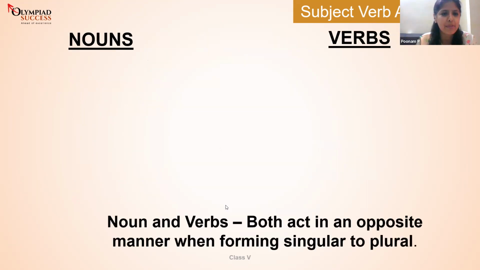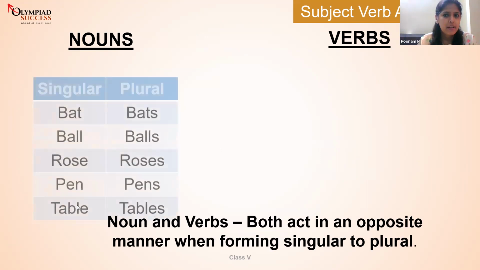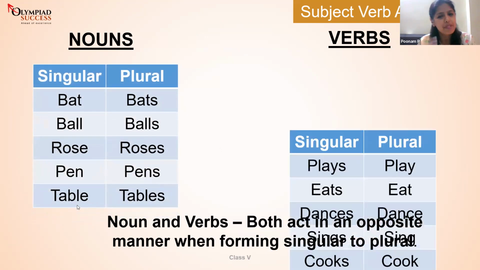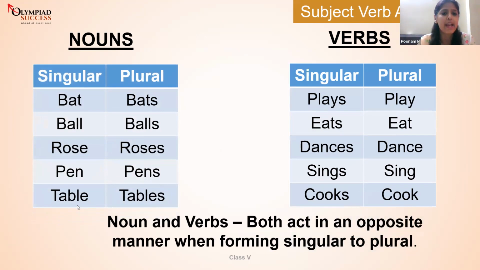Okay, thank you, Shambhavi. Now we'll quickly go through different nouns and verbs, some examples, so that you clearly understand how they are converted to plural. Bat, bats, ball, balls, rose, roses, pen, pens, table, tables. But when I look at the verbs, all your singular forms have S in them: plays, eats, dances, sings, cooks.